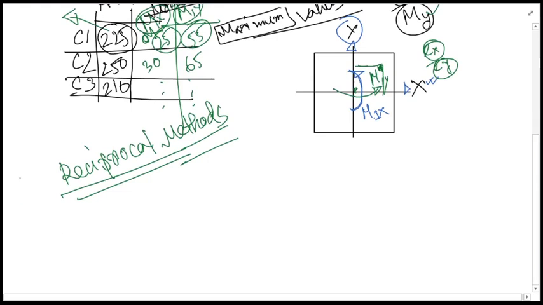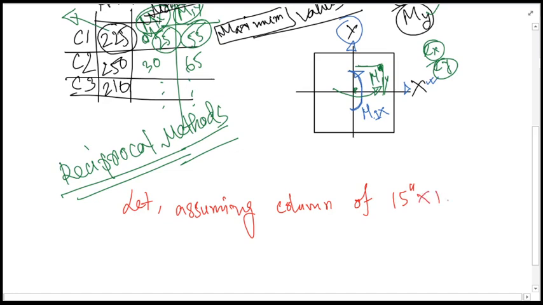First of all, you will have to choose one column dimension, assuming a column of, say, 15 inch by 15 inch. So 15 inch by 15 inch is the initial column dimension which we will be using.